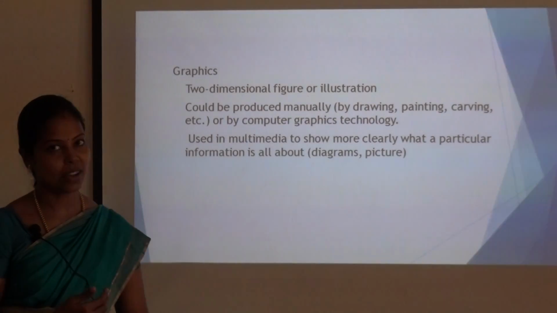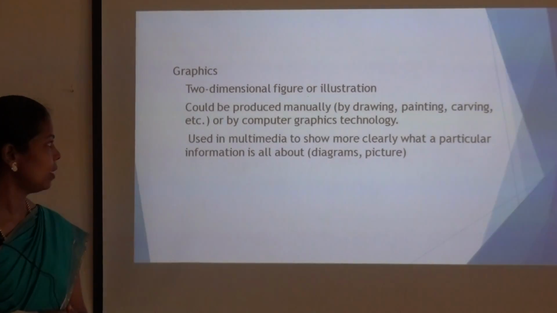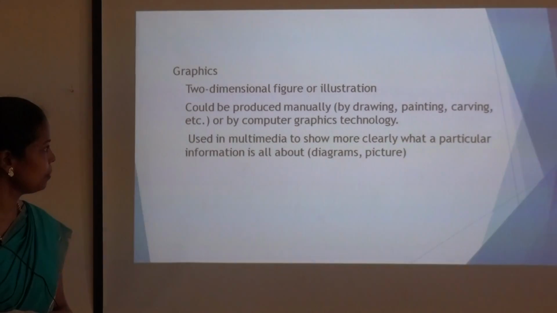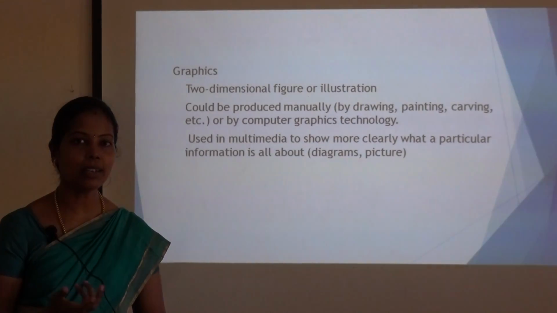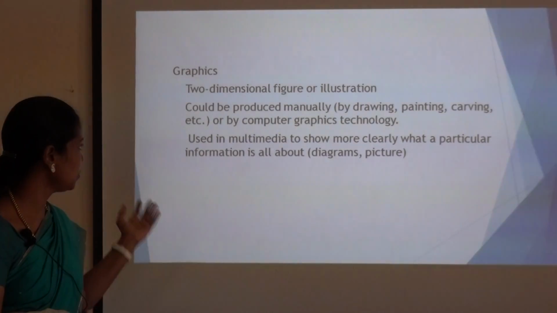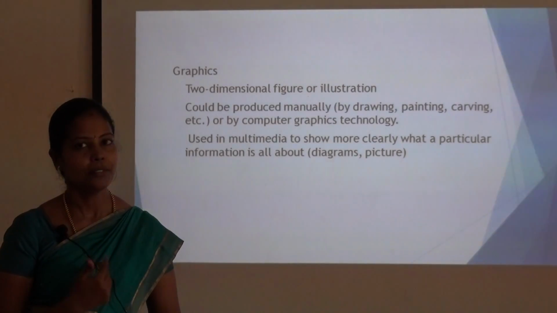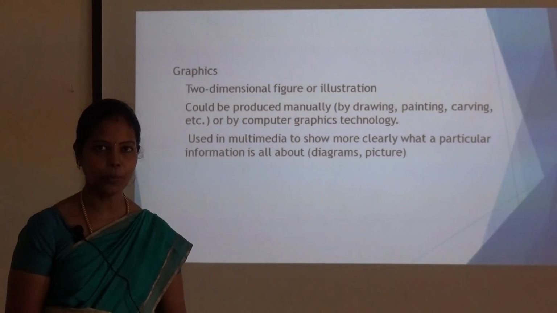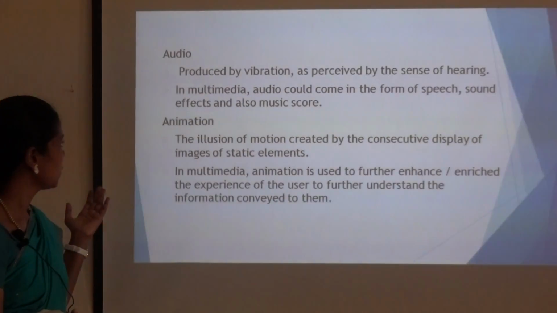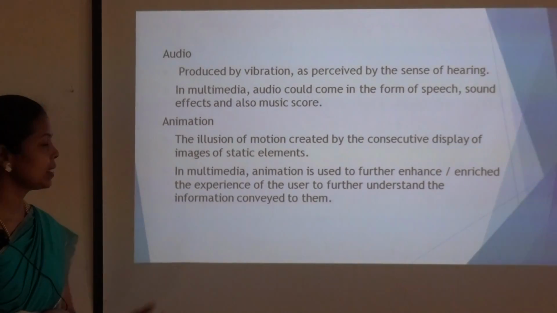Next is graphics. What we were saying till now is that we use multimedia to show more clearly what we want. So we use graphics, including diagrams, pictures, everything, to communicate with the public. Next is audio and animation.